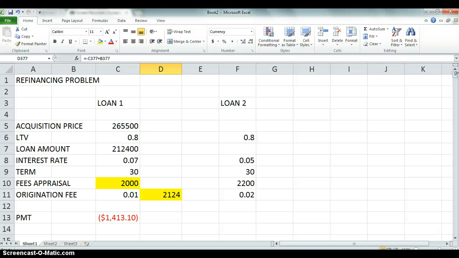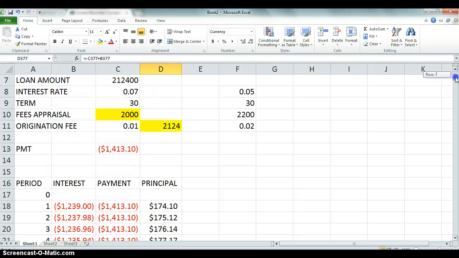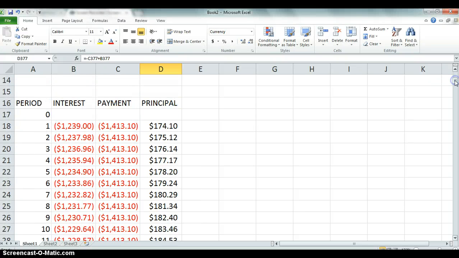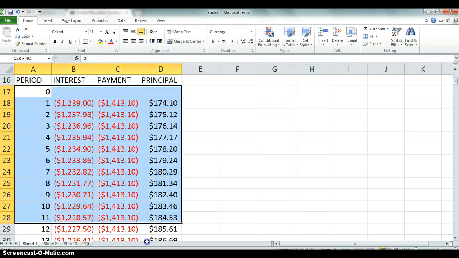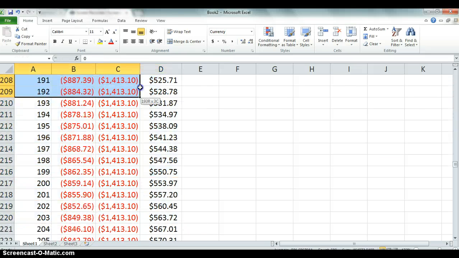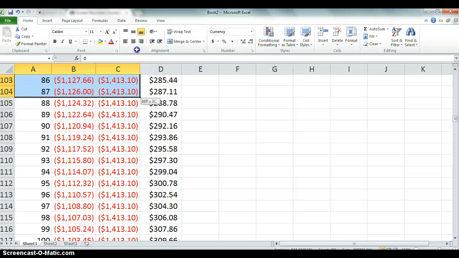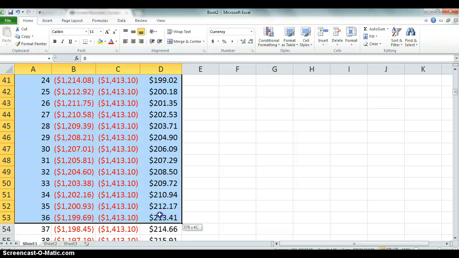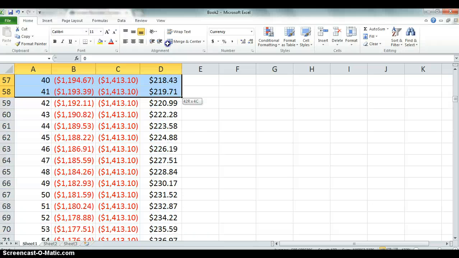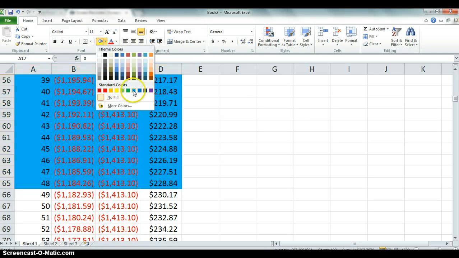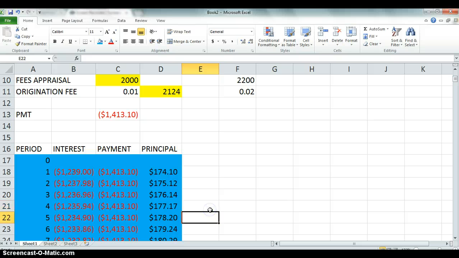Now, it says that right now we are at year 4 in our original loan. So we're going to mark here the 4 years, which would be until month 48. Month 48. There you go. We're just going to make sure that we know where we are right now.